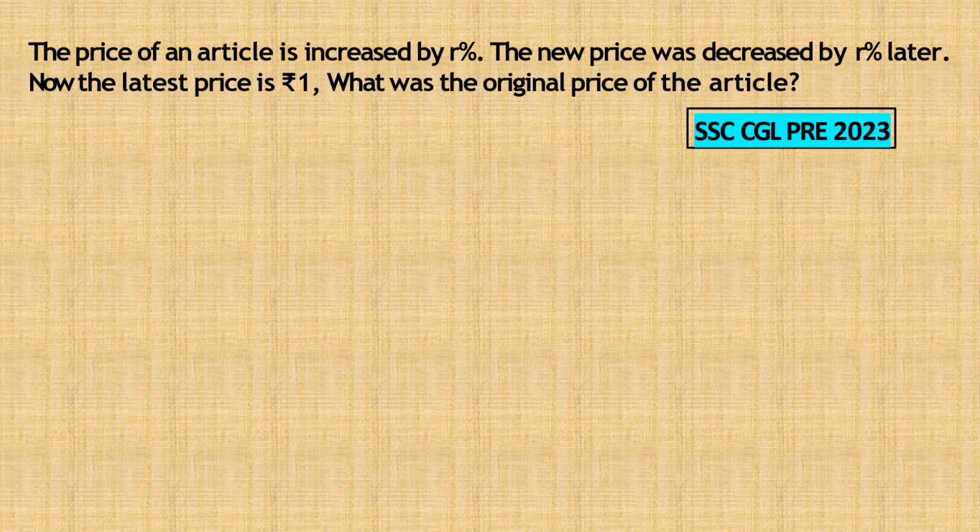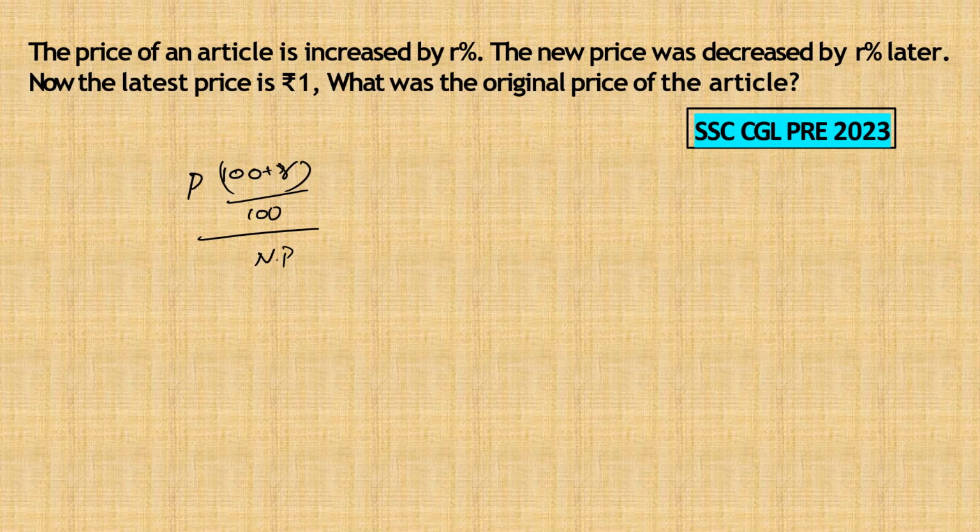A similar question was asked on it. The price of an article is increased by r%. Let the price of the article be p and it increased by r%. That was 100 plus r divided by 100, and this is the new price.